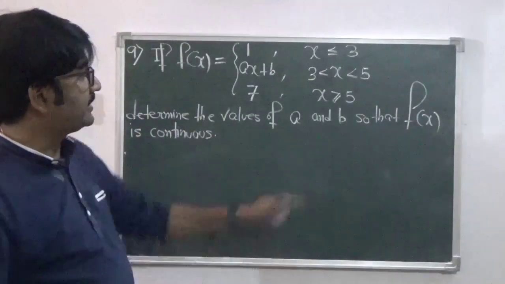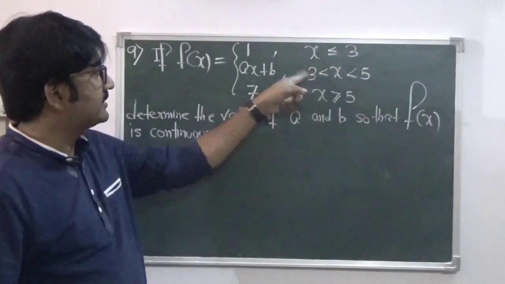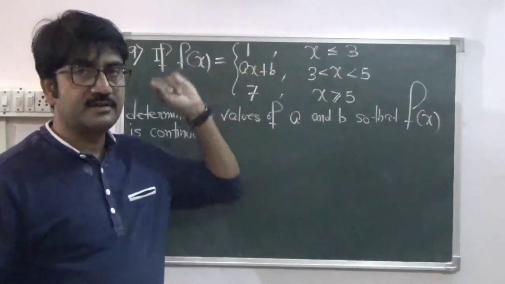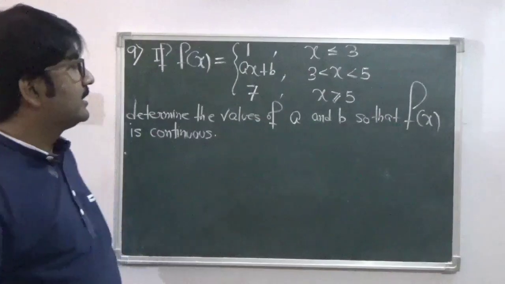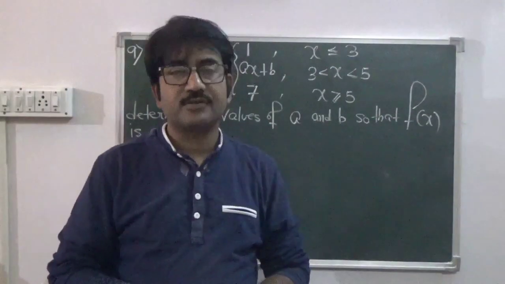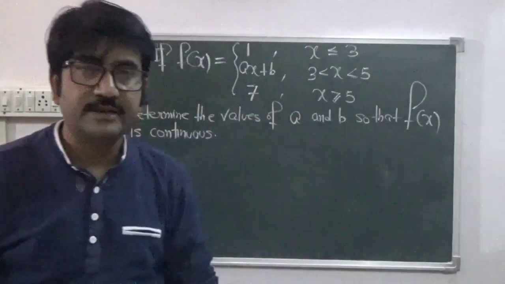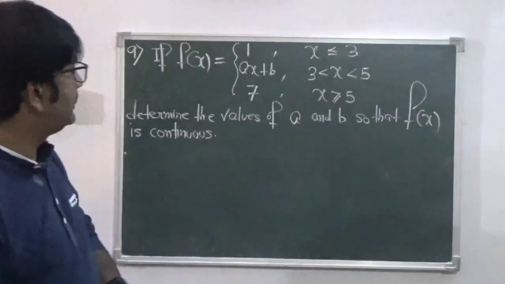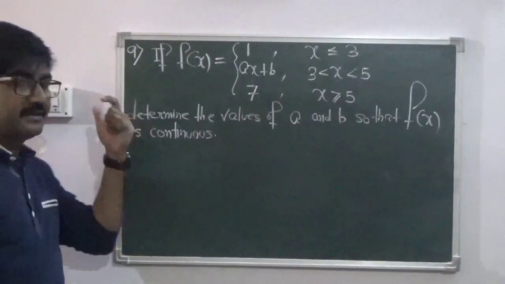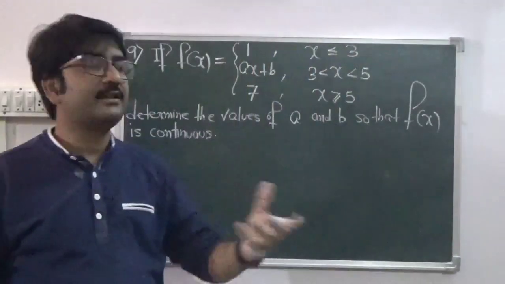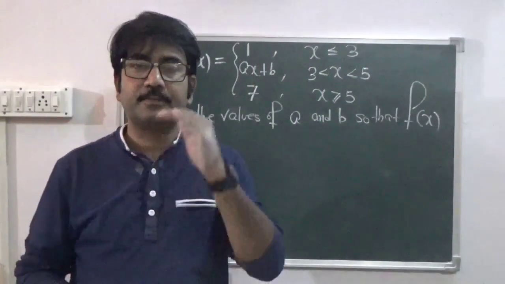What are those breakpoints? 3 is one of the breakpoints because the function changes, and 5 is another breakpoint where the function changes. So we don't need to check the continuity at each and every point, but only at the breakpoints. Since it is already given in the question that f(x) is continuous, we take it that the function is continuous at the breakpoint 3 as well as at the breakpoint 5.